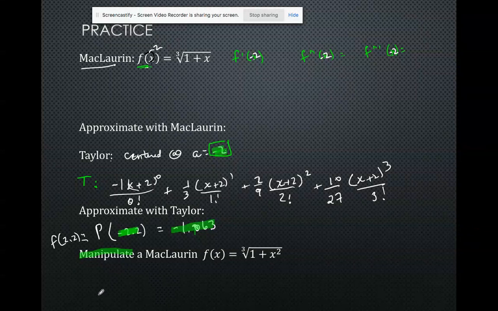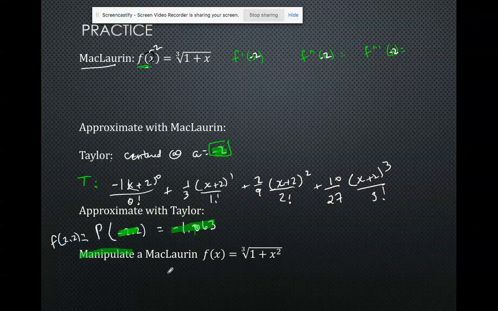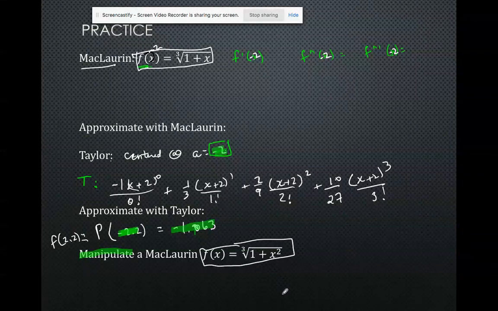Manipulate a Maclaurin. Now on the quiz, I won't say you're going to manipulate a power series. You just need to recognize you spent an awful lot of time making this Maclaurin, and this f of x is almost the same. The only difference is there's an x squared. So since you already did this, you already got this one. Again, I'm going to write it down because I'm not confident that I wrote it down correctly the first time.